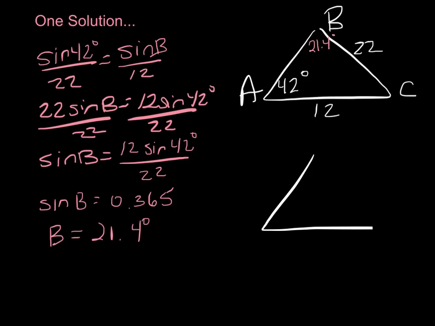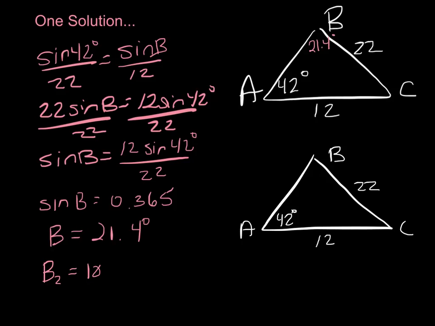But let's look for a second triangle. With a = 22, b = 12, and A = 42 degrees. And we find that other angle by looking for the supplement. So we're going to say B2 is 180 minus 21.4. We get that this is 158.6 degrees.